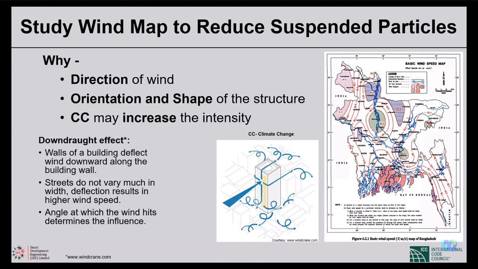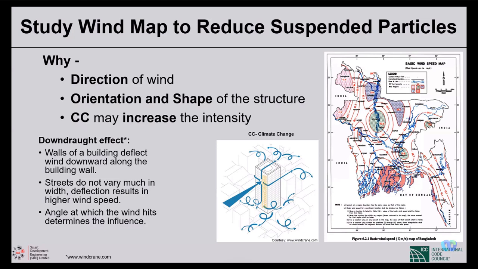Since the road's cross-sectional area is fixed and the wind is coming from a higher area, and it will get deflected and enter the lower cross-sectional area, the velocity of the wind increases. Hence, the dust on the roads will come up with the wind, and the environment will become dusty. So that's the thing we're talking about.